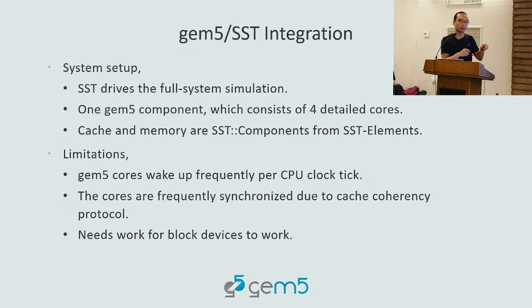Essentially, it will make a new event as dense as the clock frequency, and it wakes up very frequently. So effectively, you have to synchronize between the cores very frequently.